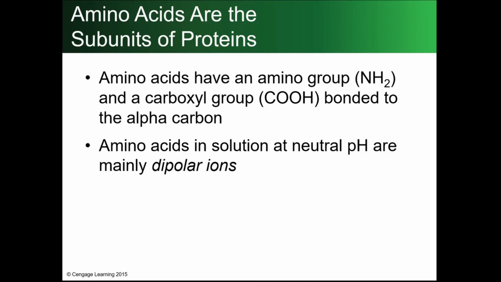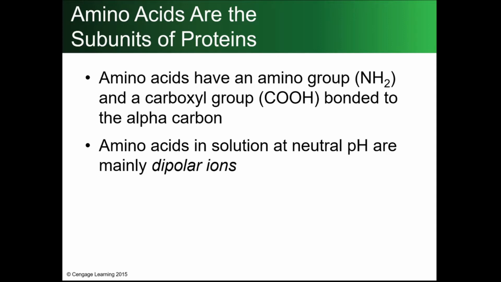So amino acids in solution at neutral pH are mainly dipolar ions, which means they possess a positive charge at one end and a negative charge at the opposite end. This is generally how amino acids exist at cell pH.